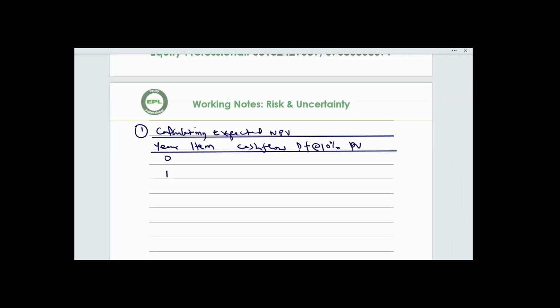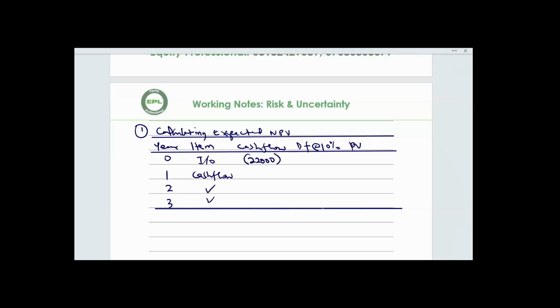So year 0, 1, 2, 3. Initial outlay, what's the initial outlay? 22,000, right? Confirm, sir.